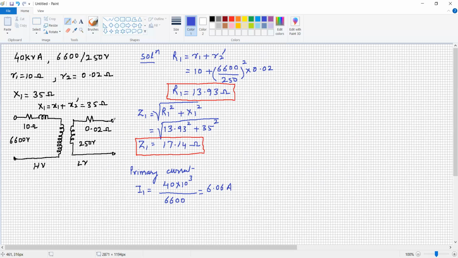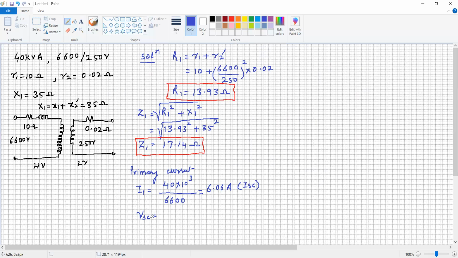So when the secondary is short circuited, the current should be this much value. So V1, or VSC, is nothing but related to the ISC. Yes or not? Because when the secondary is short circuited, the primary should deliver the current 6.06.